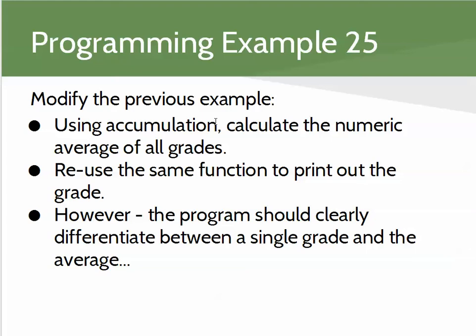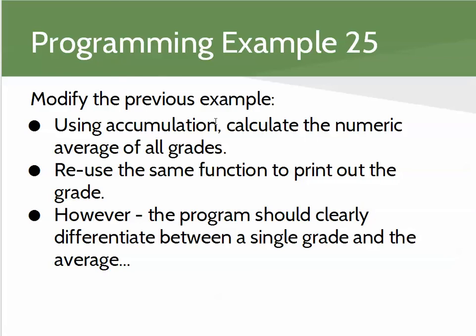So now I'm going to develop a loop that keeps asking the user to type in numeric grades. And until they say they want to stop, let's say until they type in a negative number, I'm going to print out the letter over and over again. But I'm going to use accumulation eventually to calculate the average of all the grades.